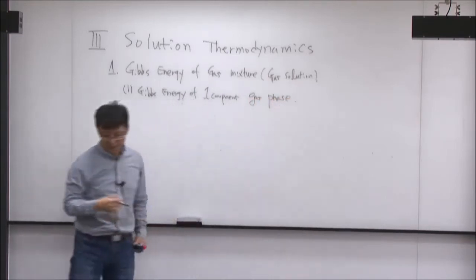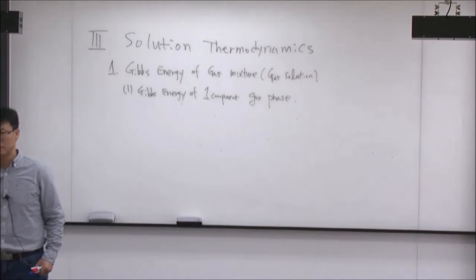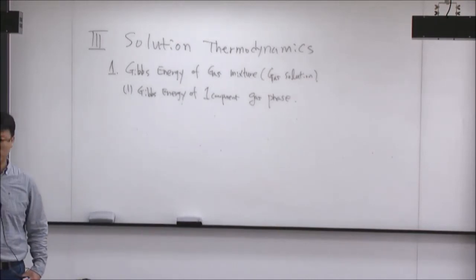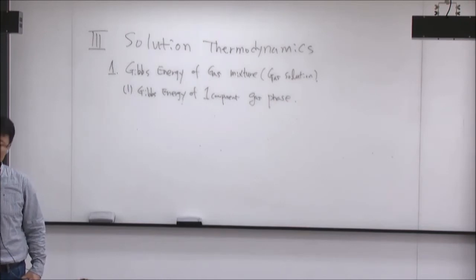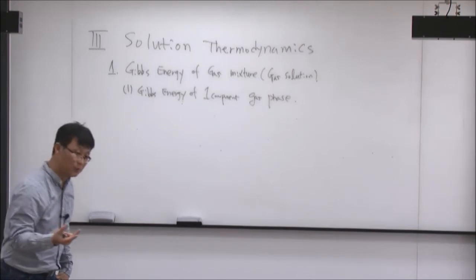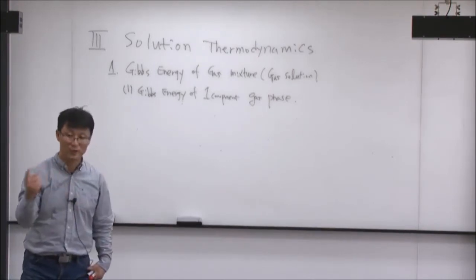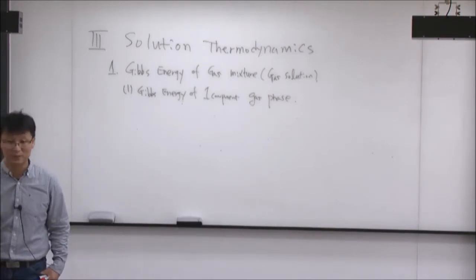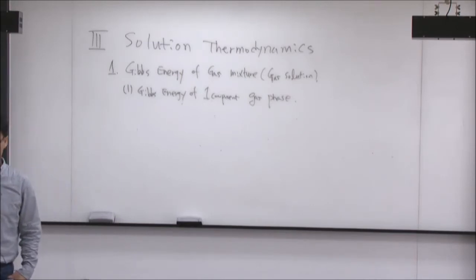When you have pure nitrogen gas, how can you define the Gibbs energy of pure nitrogen gas? If you look at the thermodynamic table, we have H298, S298, and the heat capacity for nitrogen gas, N2. So you can find it. But those values only apply at 1 atm, because it's the standard state.